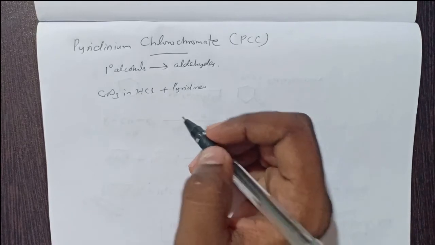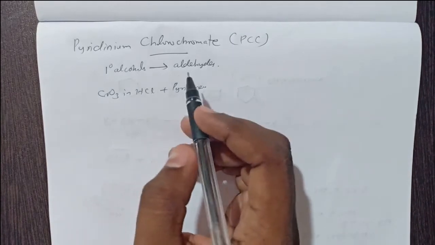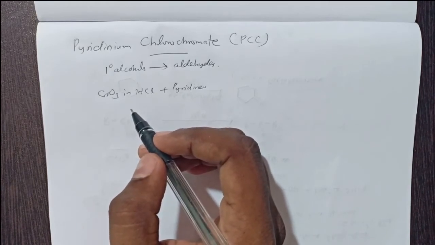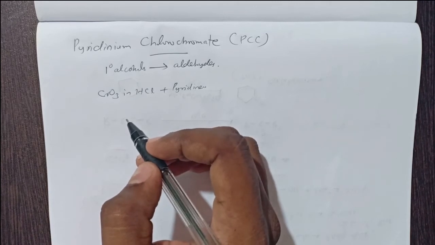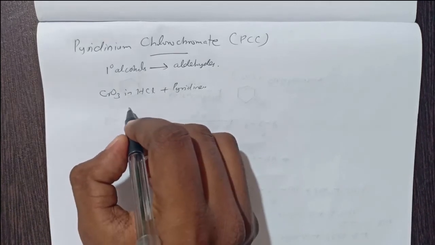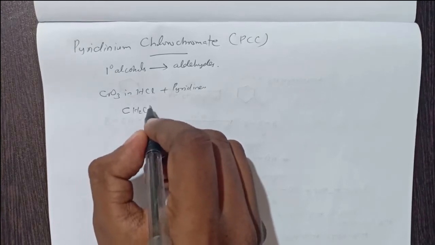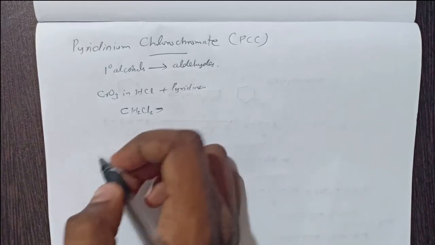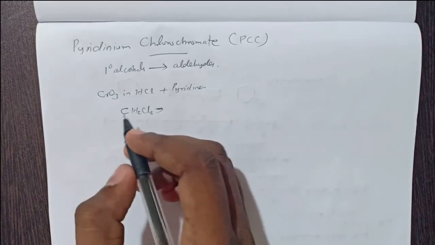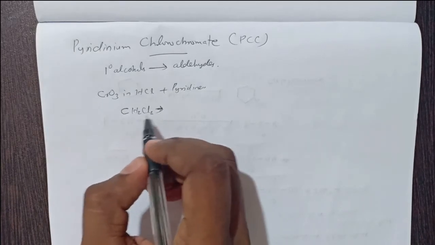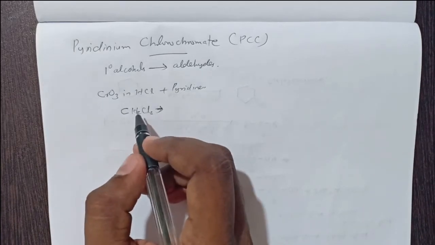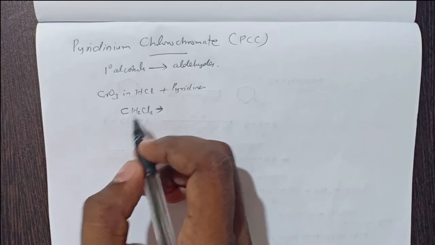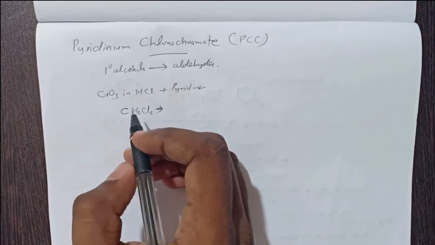The importance of pyridinium chlorochromate is that, unlike other oxidants, it is soluble in non-polar solvents such as dichloromethane, which is very helpful in this reaction, as extraction and purification steps become easier.